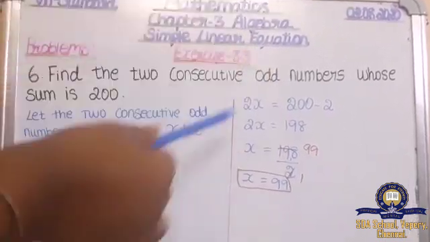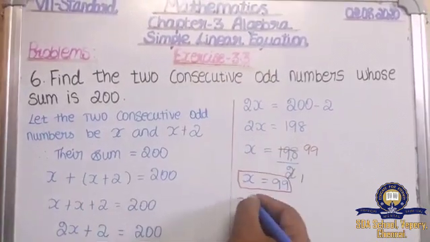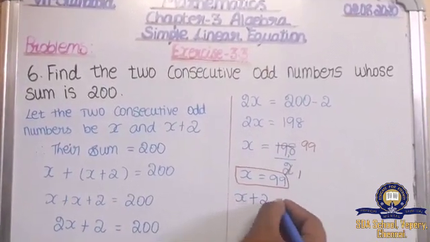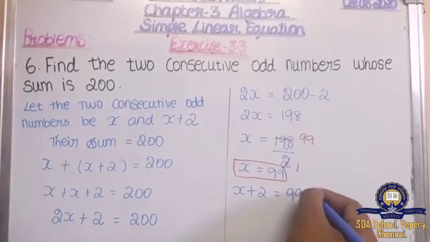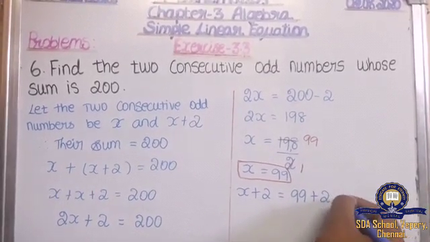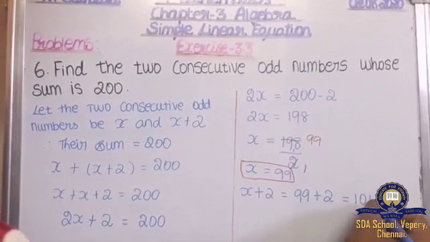We need to find the other consecutive number, x plus 2. We know that x is equal to 99. So substitute 99 in x plus 2. We get 99 plus 2 equal to 101.